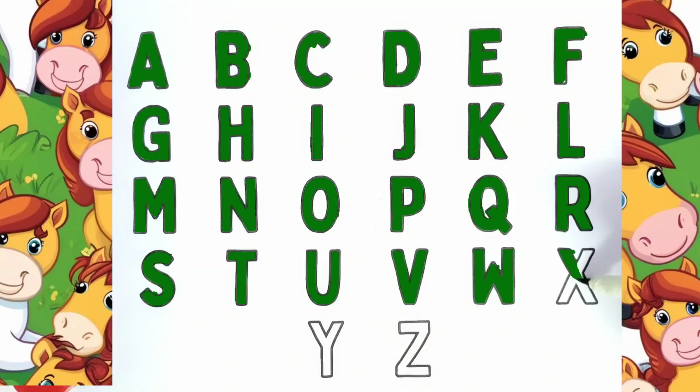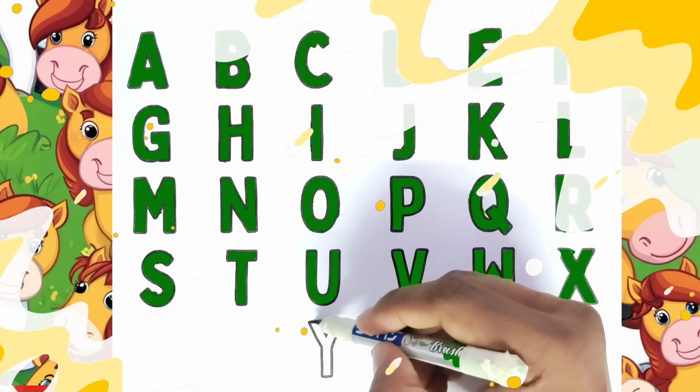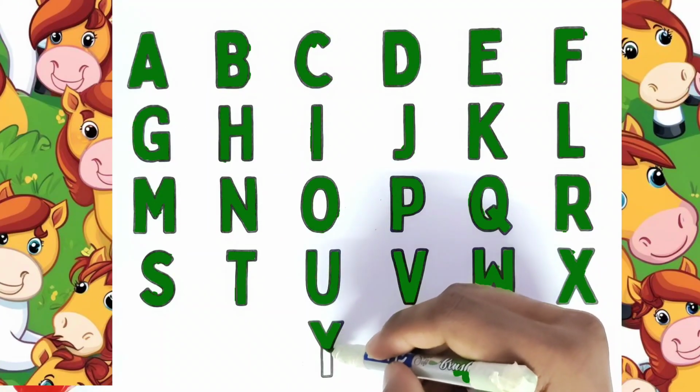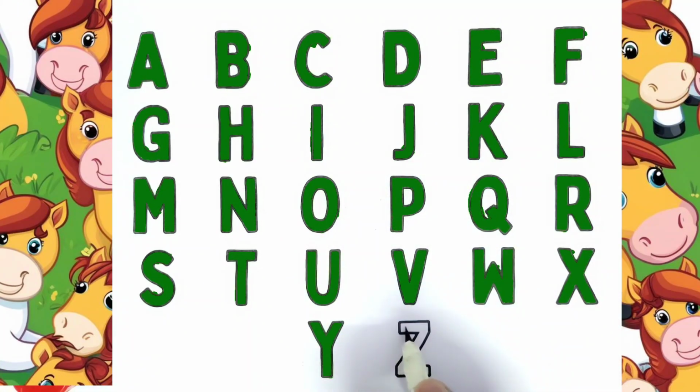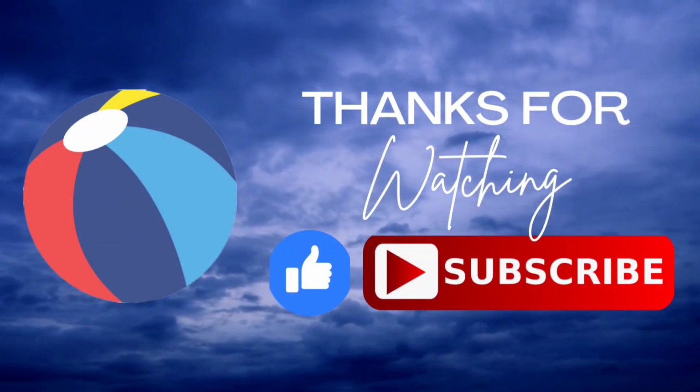X. X for xylophone. Y. Y for yo-yo. Z. Z for zebra. Thank you kids for coloring all these alphabets with me.